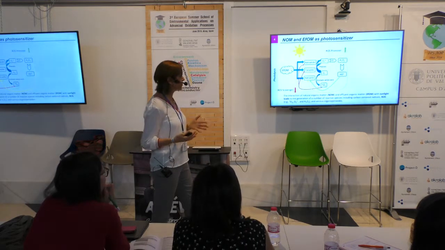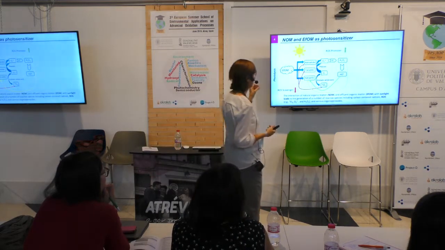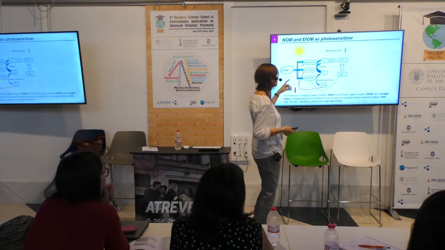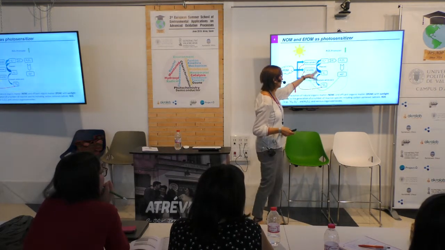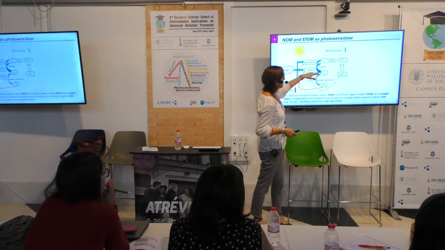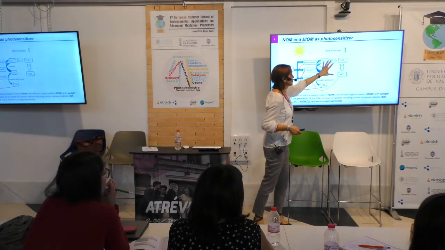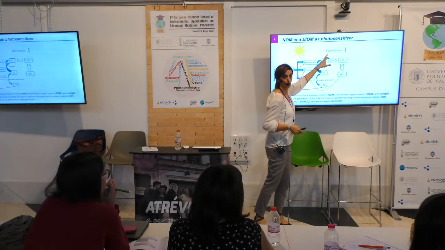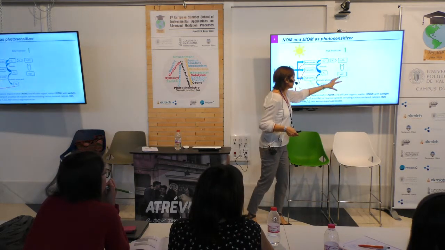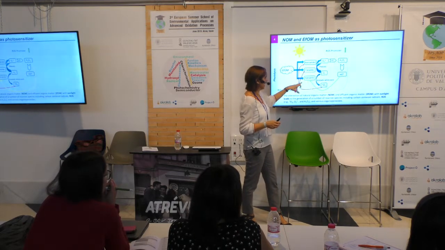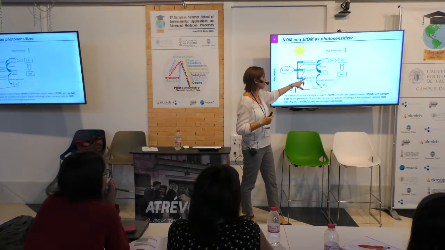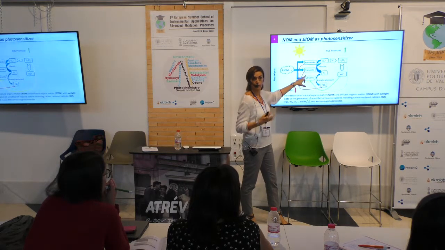So it has been demonstrated that NOM and EfOM can work as photosensitizers and produce other photochemical reactions, so they can work as ROS promoters, and at the same time, part of these radicals are quenched or scavenged by the NOM.